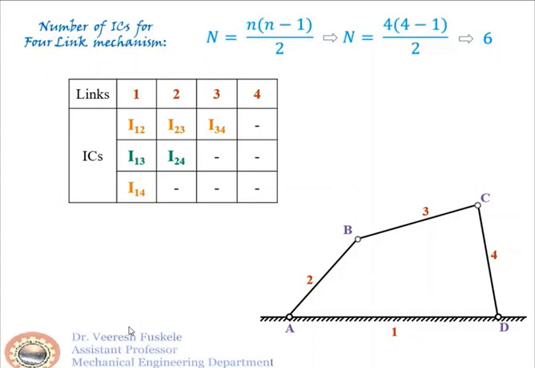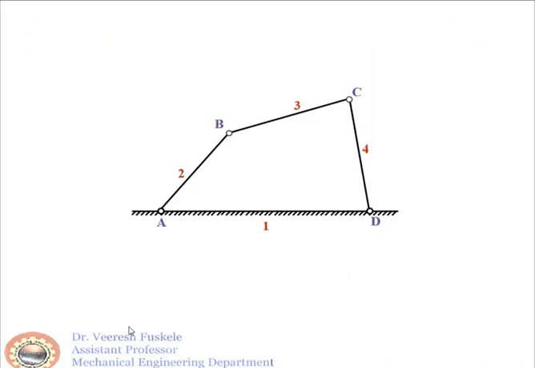Out of these six, as we have discussed in the last video, we can locate some instantaneous centers by inspection. So let's do it. Location of I12 is at A, because link 1, that is AD, and link 2, that is AB, are connected by a revolute pair at A. Similarly, I14 will be at D, as link 1, that is AD, and link 4, that is CD, are connected at point D by a revolute pair.